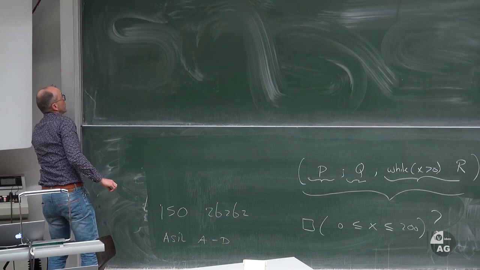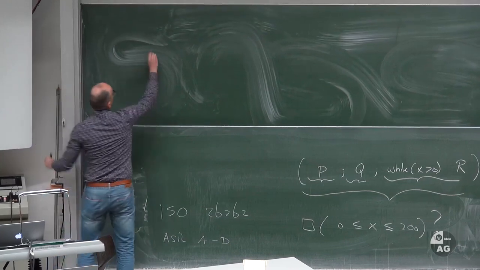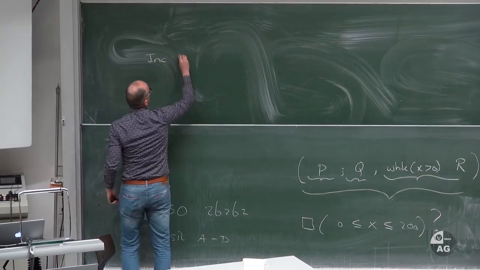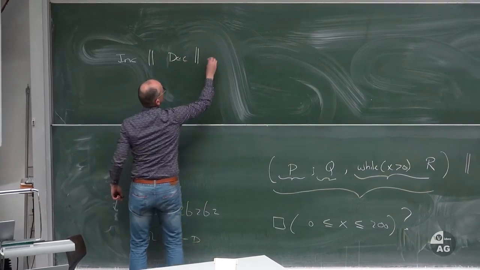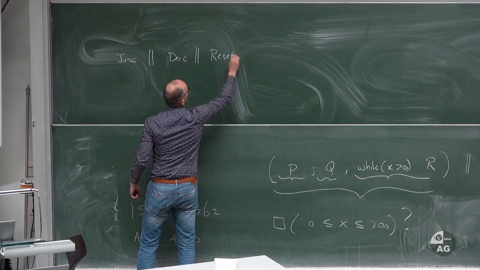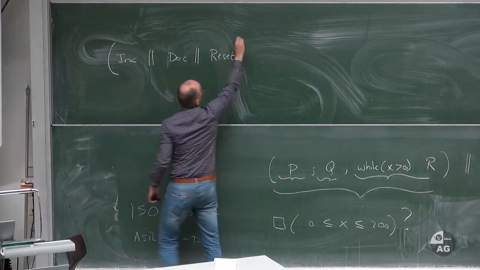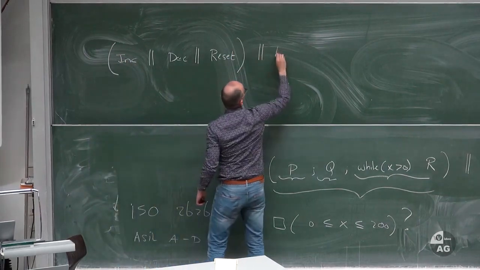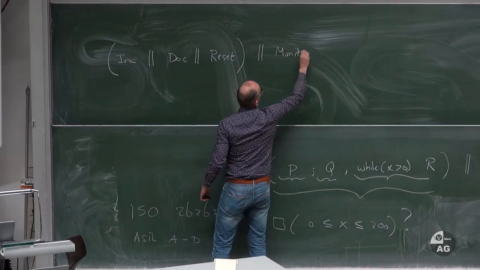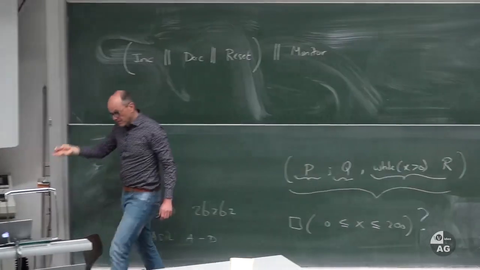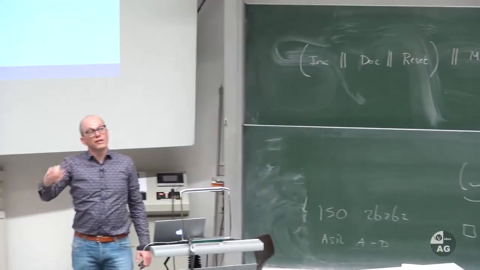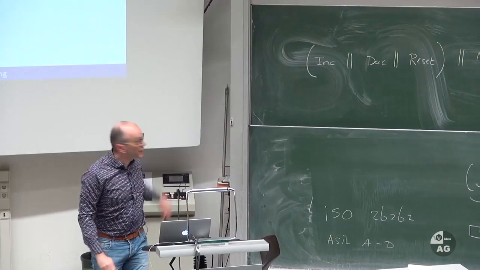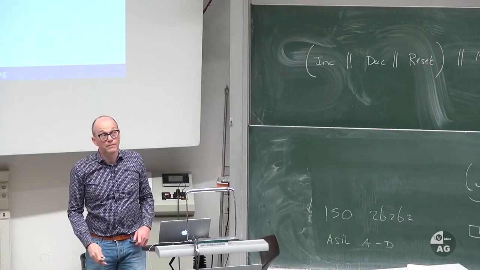We take inc, in parallel with dec and the reset process, and I take this whole system and put in parallel what I call a monitor. This is a process that has no side effects, but basically checks what the other three, inc, dec, and reset, are doing.